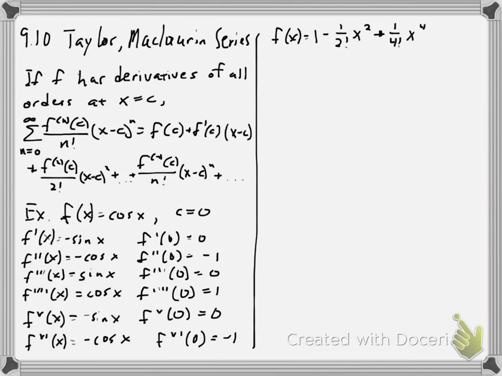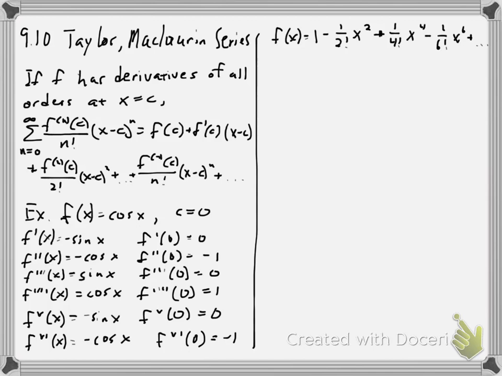There's no fifth term because the fifth derivative is 0, but the sixth term is minus 1 over 6 factorial x to the sixth, and then plus more terms, dot dot dot. So this is the Taylor series for cosine. It's composed of all even powers of x, and of course a constant, but a constant can be thought of as x to the 0. So for the Taylor series of cosine, all of the powers of x are even. This should make sense since cosine is an even function.